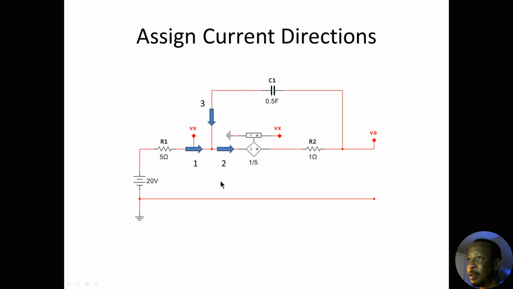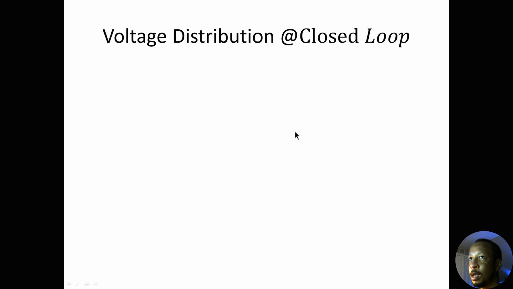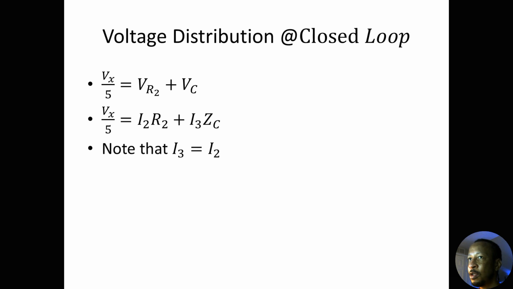So Vx plus Vx over 5 minus V of R2 should be equal to VA. Or equivalently, I could say Vx plus Vx over 5 equals V of R2 plus VA. Either way, I'm still going to end up with the same equation.